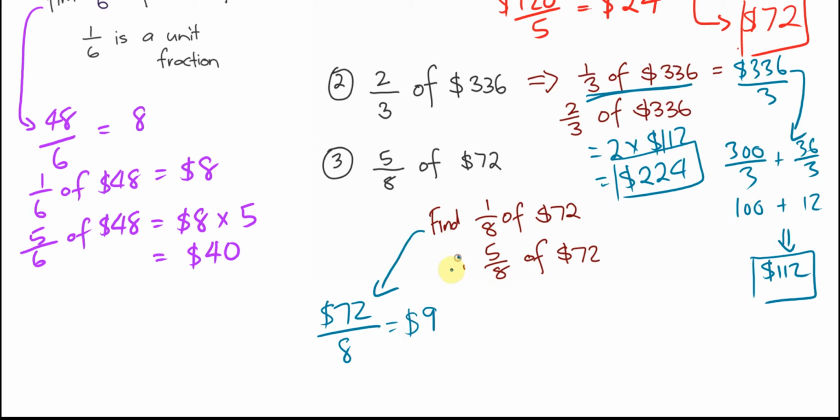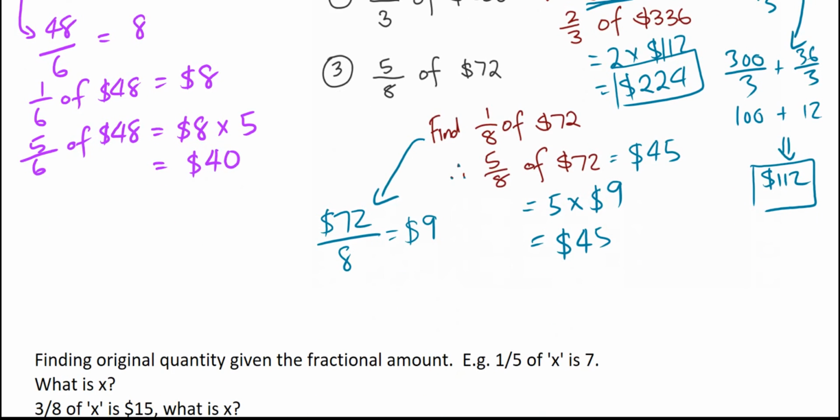Therefore, 5/8 of 72 is 5 times $9, which is equal to $45. So 5/8 of $72 is $45. So that's finding a fraction of a quantity.